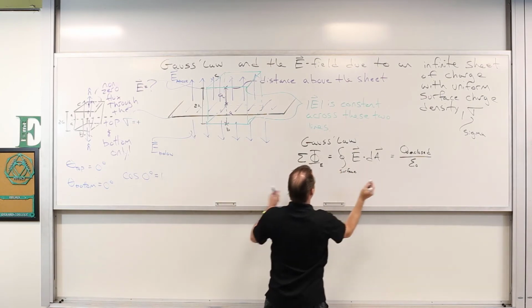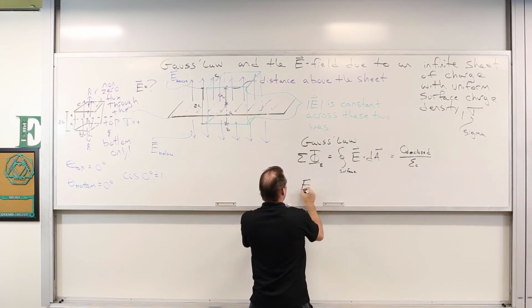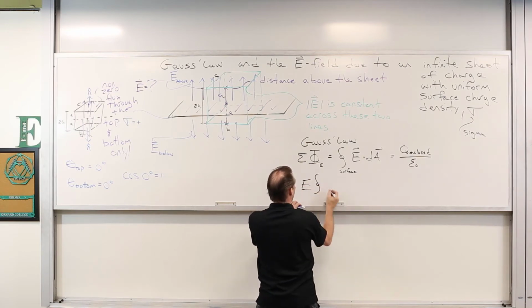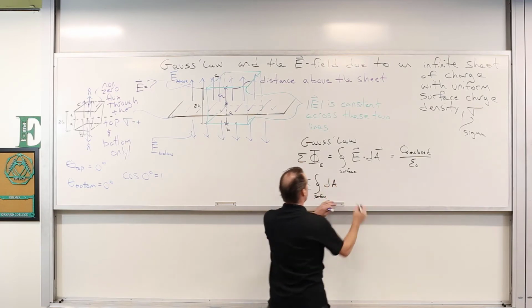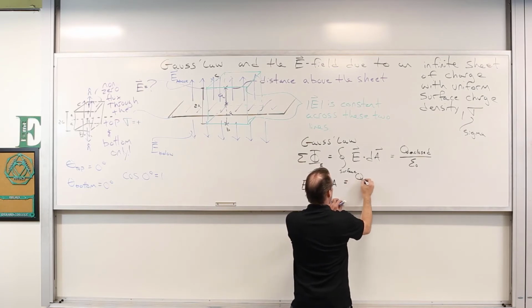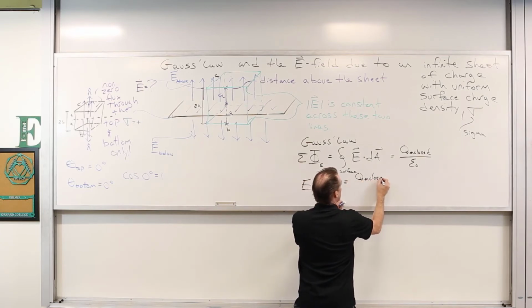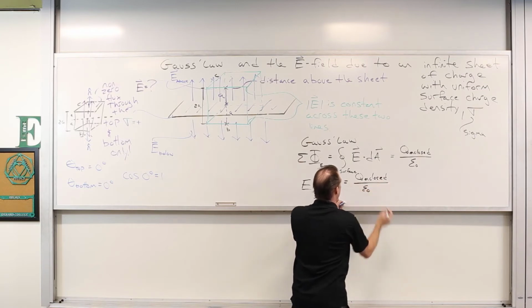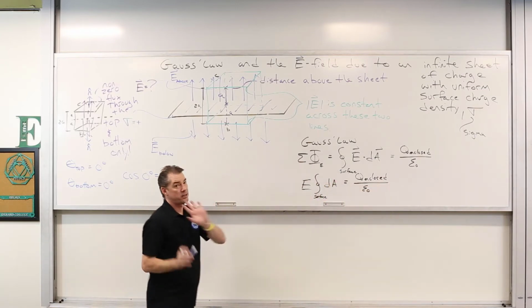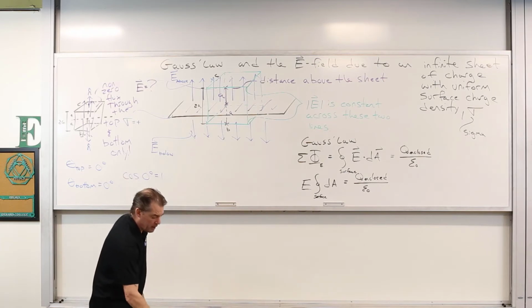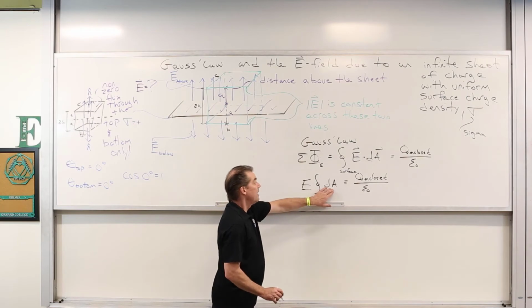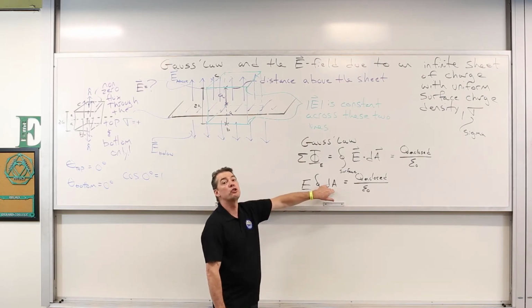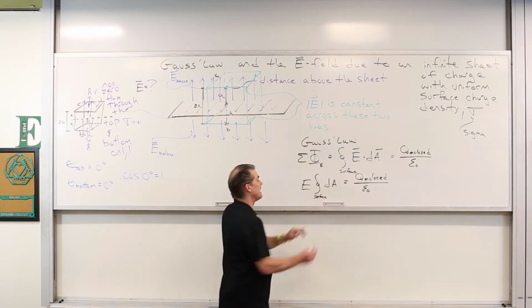So with this, we've got ourselves E times the integral over the closed surface of dA has to be equal to Q enclosed divided by epsilon 0. Now, I took a little liberty here, and I skipped over a part here, and this is ultimately just the areas of the two surfaces through which there is flux.